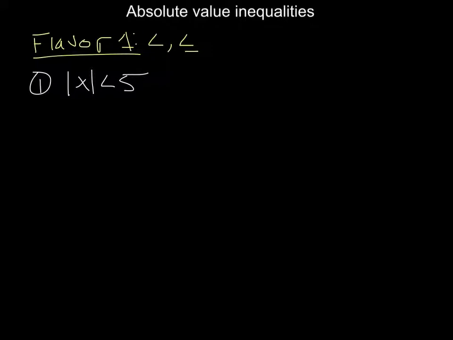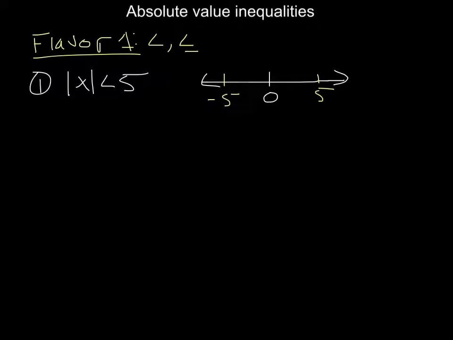Now, what I want to do is really understand what this is saying. Remember that the absolute value is the distance away from 0. And I'm saying something about being 5 away from 0. So remember that there's two ways to be 5 away from 0. I can be 5 to the right, or I can be 5 to the left.